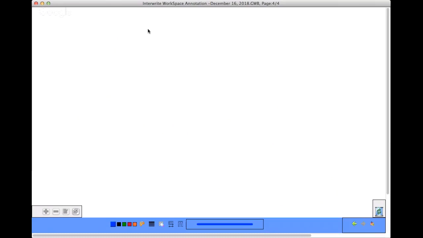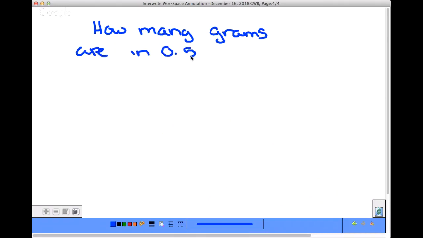So we have a problem that says how many grams are in 0.56 moles of potassium. And of course, K is the chemical symbol for potassium.